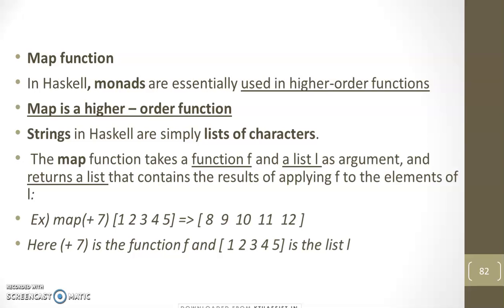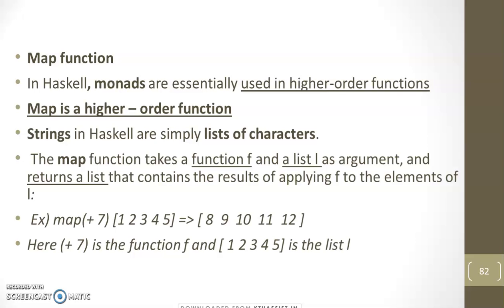So one of the functions that is used is the map function. Map is considered a higher order function. As we have said, monads are also used in higher order functions, and map is one example.